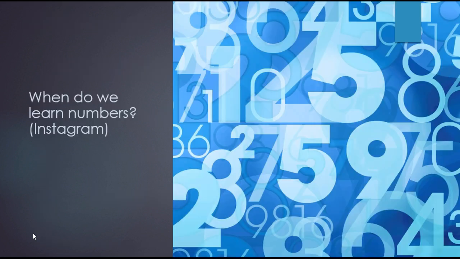One of the great things about our Instagram project compared to traditional marketing classes, specifically traditional principles of marketing courses, is that we are going to be learning numbers. I've mentioned this multiple times throughout the semester, but generally whenever you take a marketing class, you learn only the art side of marketing.